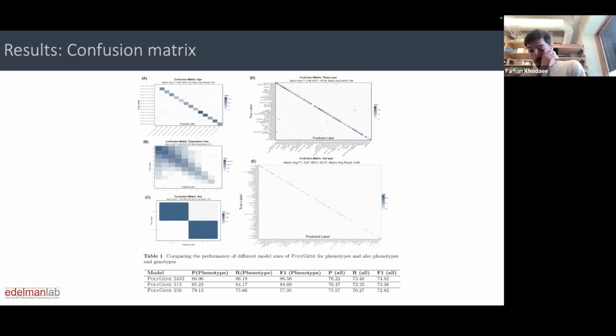Yeah, it depends on the task, right? I have defined different tasks for this paper, but you can also define tasks as, okay, I have a phenotype and I have 5 genes, and I want to know what are the rest of these genes being expressed.